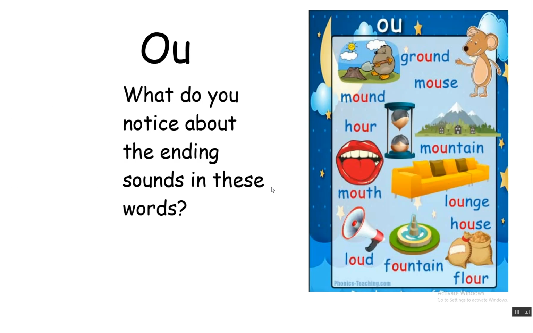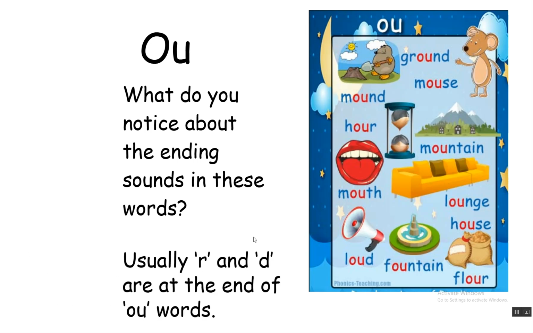What do you notice about the ending in these words? So we've got nd, d, we've got the SE, nd, and we've got the R. We've got digraphs at the end. We've got the letter D. Got lots of digraphs at the end and the letter R. So usually when it's an OU spelling, we've got R and D at the end of the word.